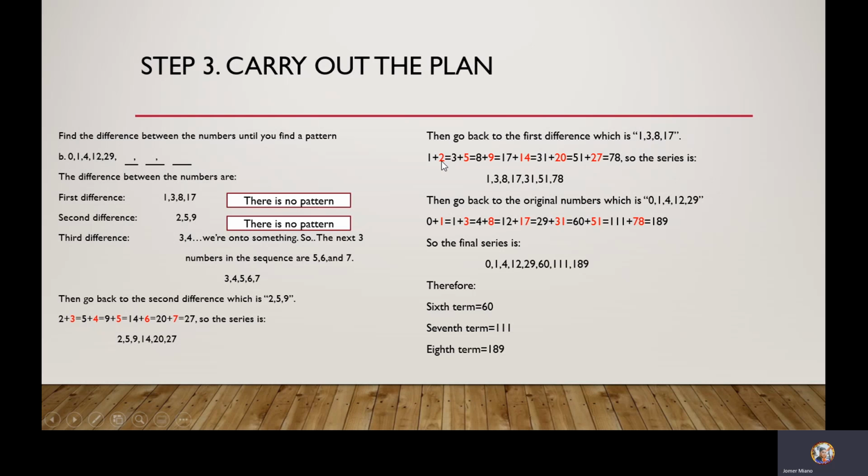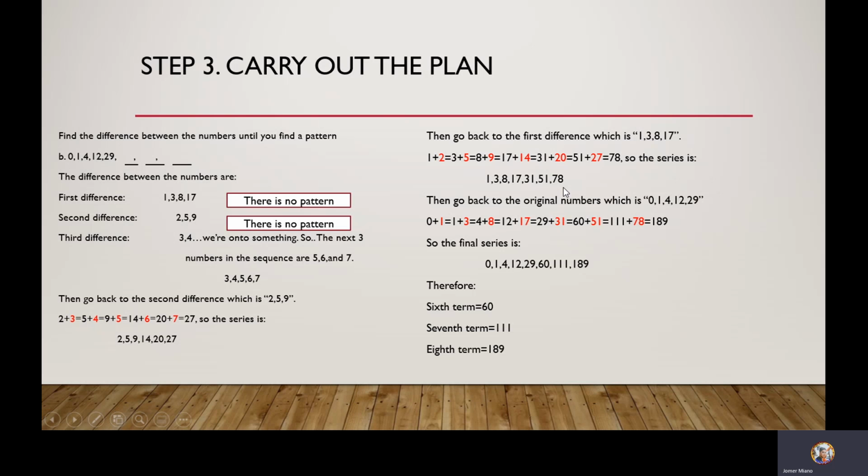So, 1 plus 2 is equal to 3 plus 5 is equal to 8 plus 9 is equal to 17 plus 14 is equal to 31 plus 20 is equal to 51 plus 27 is equal to 78. So, the series na nabuo natin ay 1, 3, 8, 17, 31, and 51.